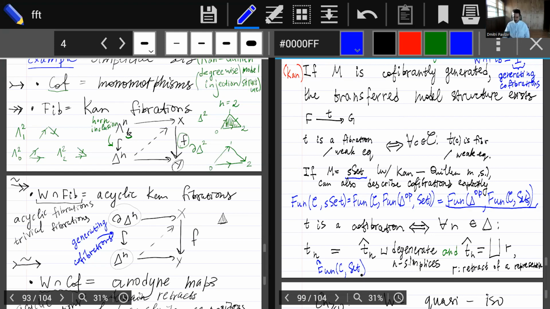Tn splits as a coproduct or disjoint union of degenerate n-simplices, so the part of the presheaf that is in the image of simplicial degeneracy maps, and some other presheaf of sets, which you can think of fairly reasonably as the presheaf of non-degenerate n-simplices.